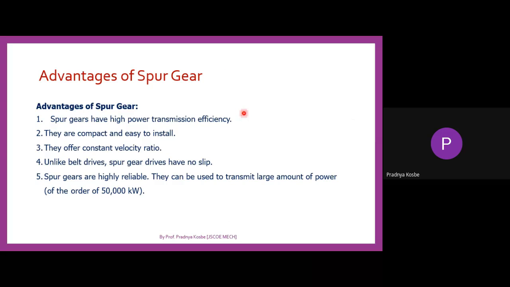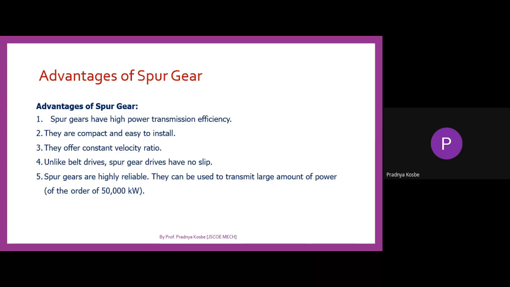Advantages of a spur gear. Spur gears have high power transmission efficiency, they are compact and easy to install, offer constant velocity ratio, and they are positive drives, and they can transmit a large amount of power even up to 50,000 kilowatt.